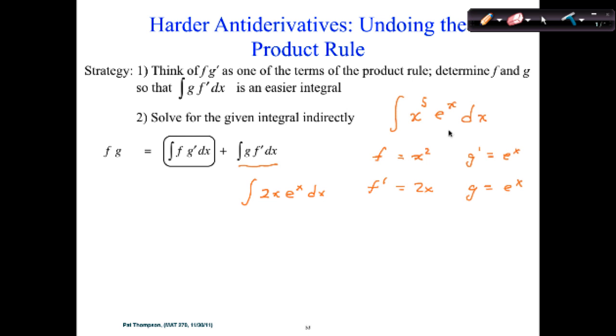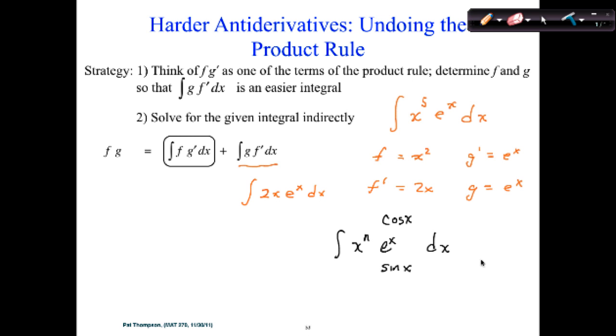So this is a common form that we'll see for undoing the product rule, where you'll have x to the n times like e to the x, or cosine x, sine x. And so what will we do? Is f going to be x to the n, or is f going to be one of these transcendental functions?